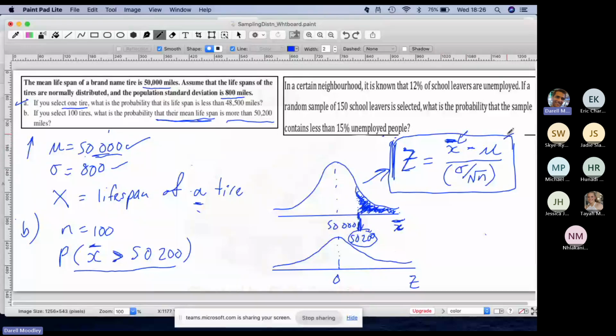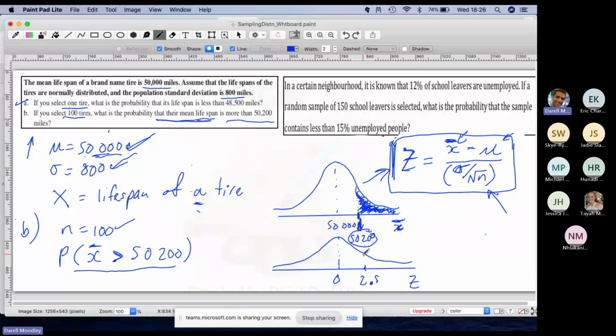My mu doesn't change, it is still 50,000. My sigma is 800. And my n is what's given to me in question B, 100 tires. So you have all the values to put into this equation, and if you do that, you get a Z value of 2.5. So this converts to 2.5.